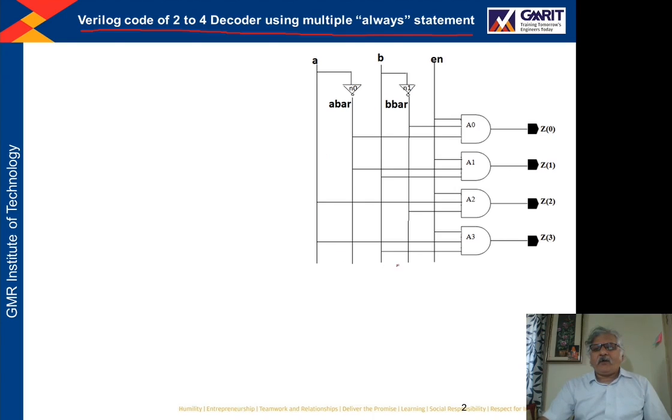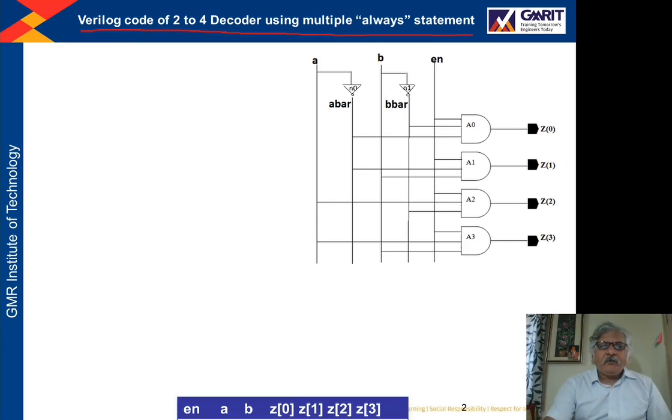So this is the block diagram of the 2 to 4 decoder, which has one input, enable. If the enable input is 1, then only this decoder will be in operation, right? So if enable is 1, then depending upon the values of the A and B inputs, one of the outputs will get binary value 1, and the remaining will remain 0.